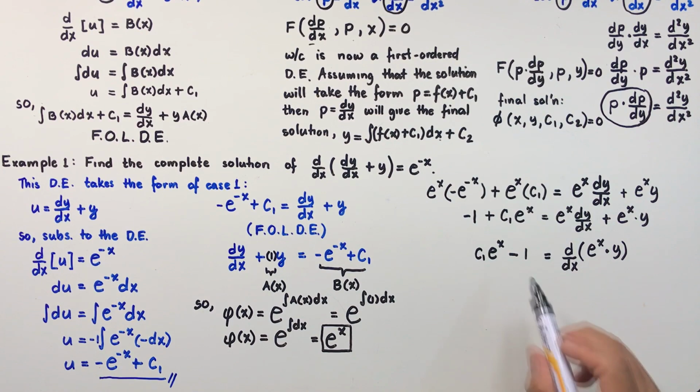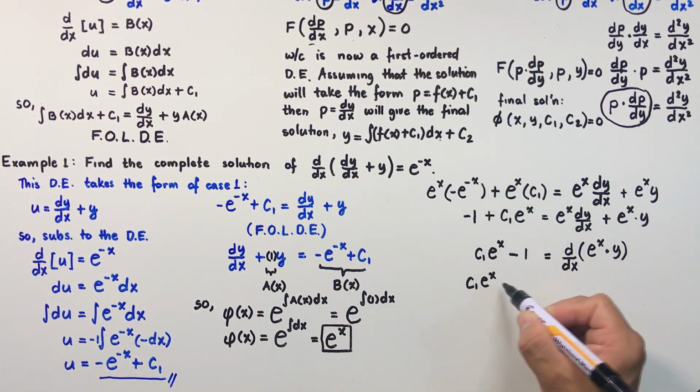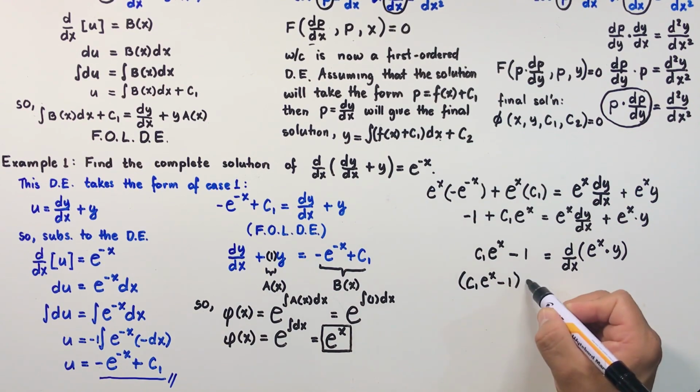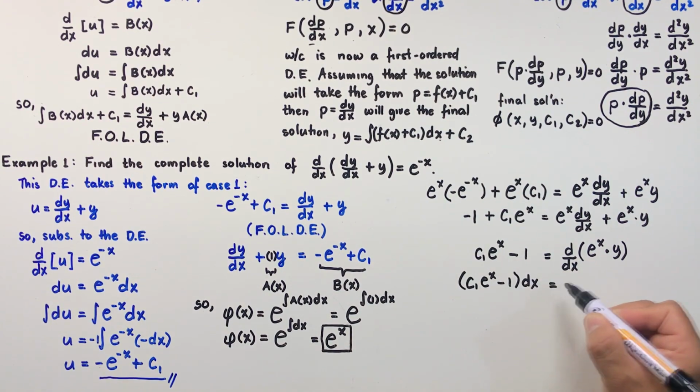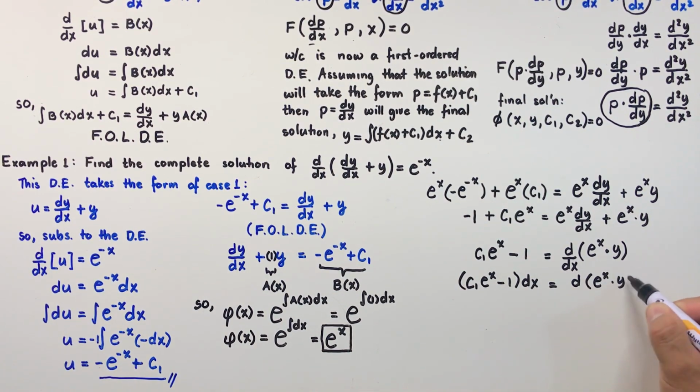So rewriting this equation, we have c sub 1 e to the x minus 1 dx is equal to the differential of e to the x times y.